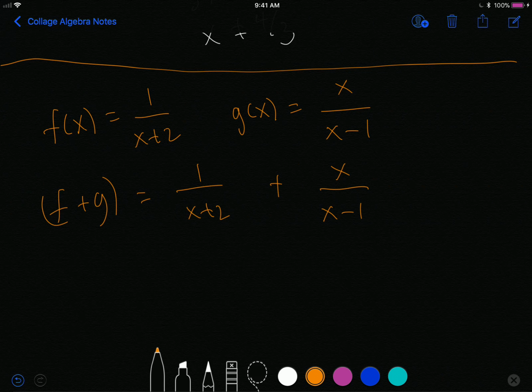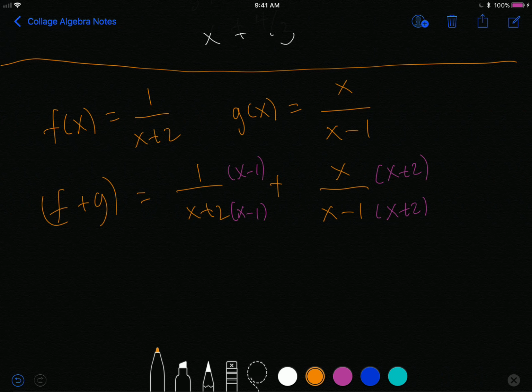To add fractions, you need to have a common denominator. And so I will multiply this one by x plus 2 over x plus 2, and I will multiply this one by x minus 1 over x minus 1. The common denominator is the product of the two denominators.